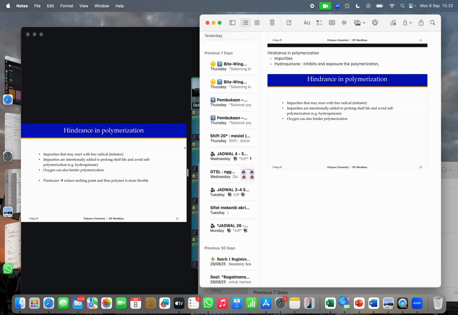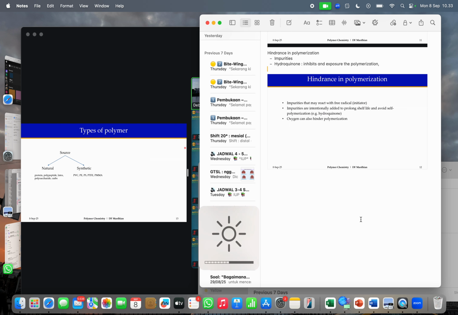We may also add a plasticizer to reduce the melting point and to make the polymer more flexible. So here we have different types of polymers, like I mentioned in the previous slide. Based on their sources, we have natural polymers like protein, polypeptide, latex, polysaccharides, and carbohydrates, but they are not used for biomaterials, of course.